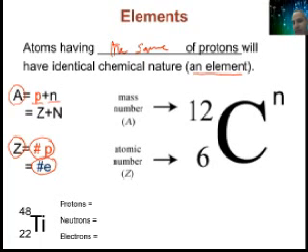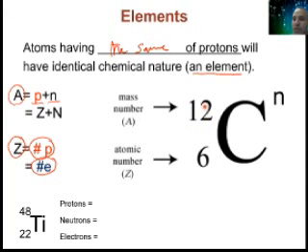And based on this description, we will use this notation here to symbolize different elements. We will have a symbol that is usually going to be the first one or two letters in the element name, in this case C for carbon, and we will have the atomic number, which is the number of protons, as a subscript, the mass number, which is the sum of protons plus neutrons, and it gives the mass of the atom in AMU units, as a superscript to the left-hand side.